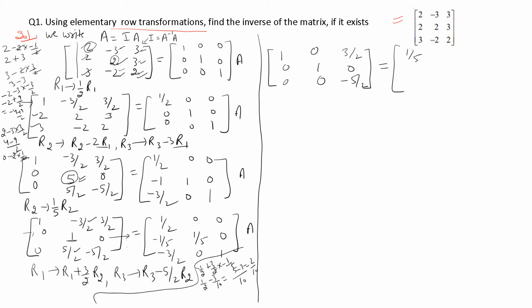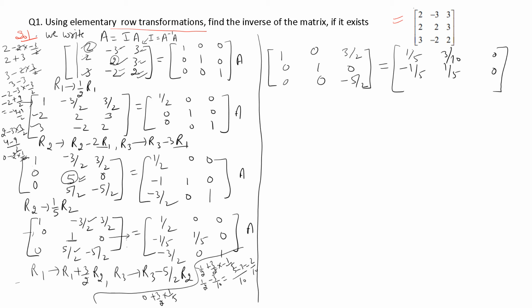Second entry is this 0 plus 3 by 2 times R2. So this is your 3 by 10. And the third one is your 0 plus 3 by 2 times R2. So this is already 0. Now second row is same as no operation is required to be applied on this.